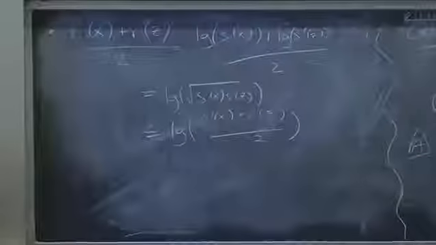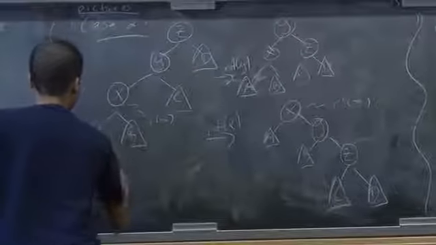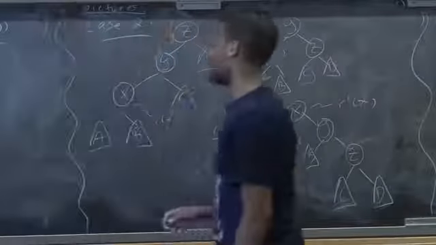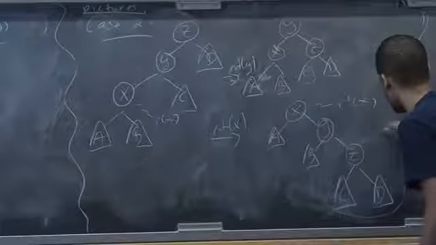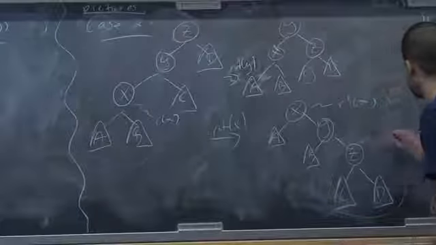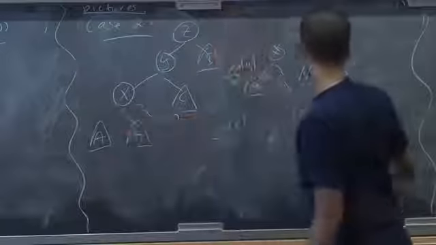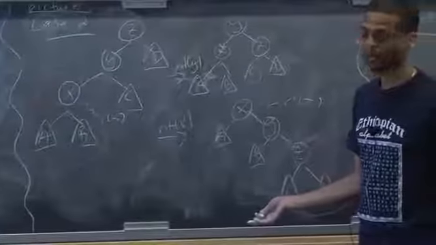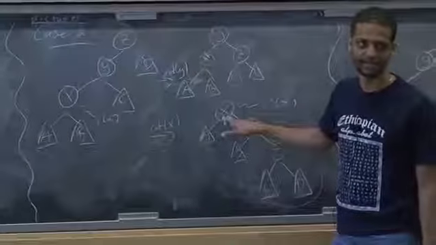S of x has all these nodes. S prime of z has all these nodes. So if you take the sum of them, you have everything except for y, whereas everything is S prime of x.